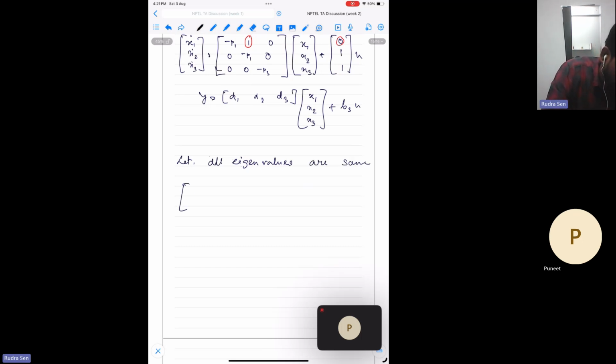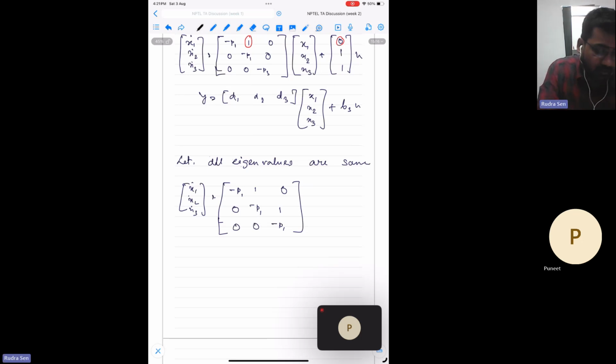In that case, you will get x1, x2, x3 dot with minus p1, minus p1, minus p1 on the diagonal and 1 above it. You will get only this kind of structure.